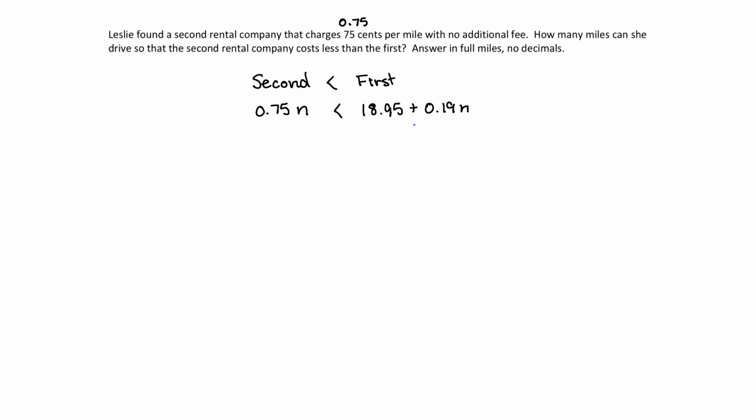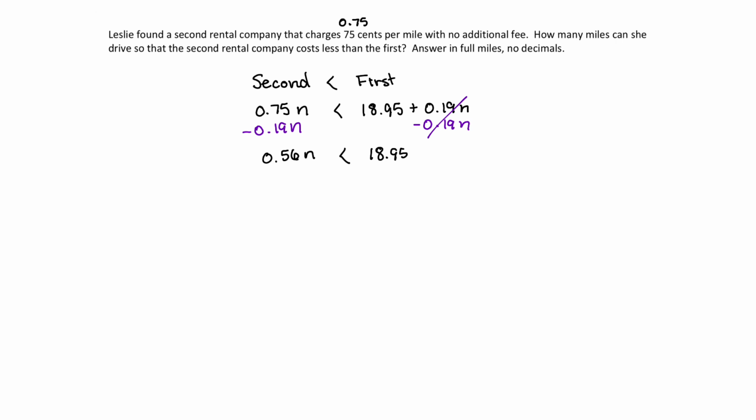Okay, let's get the variable over on one side. So it cancels over here. And we get 0.56n is less than 18.95.